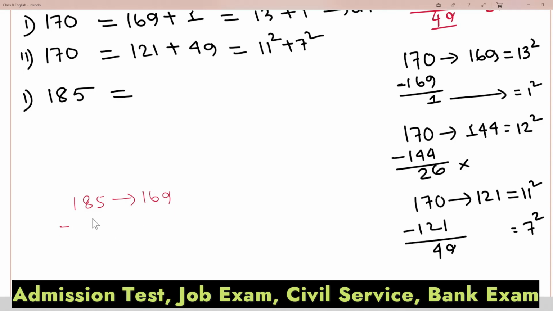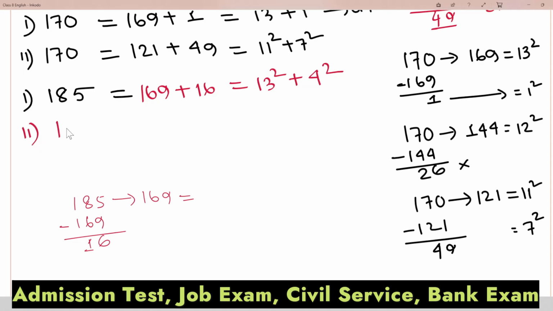Once we subtract 169 from 185, we get 16. 16 is also a perfect square. It means 169 plus 16. This is 13 square plus 4 square.